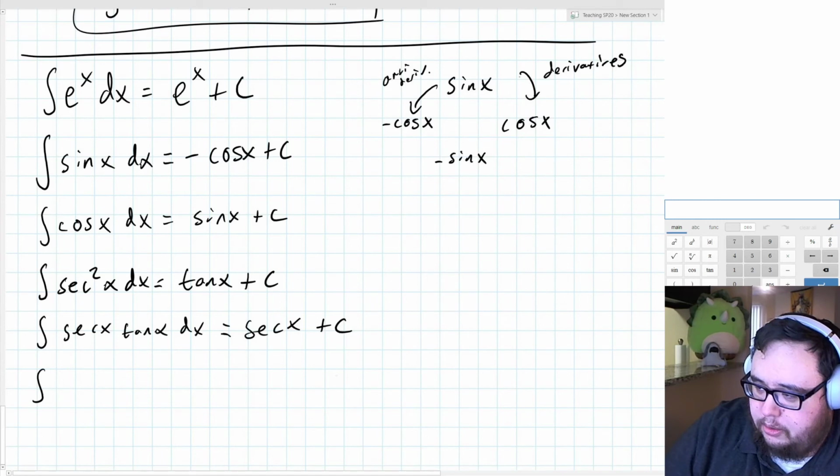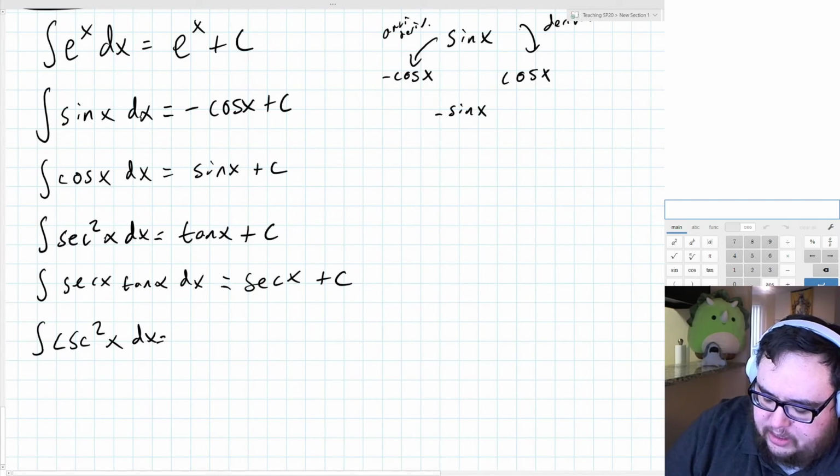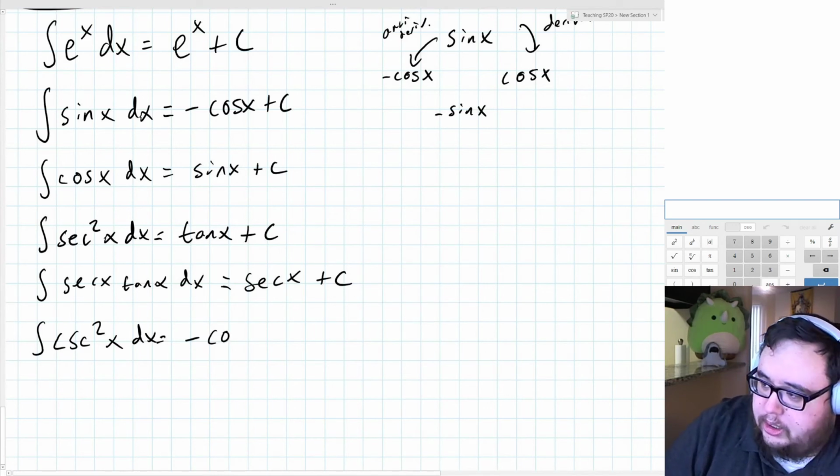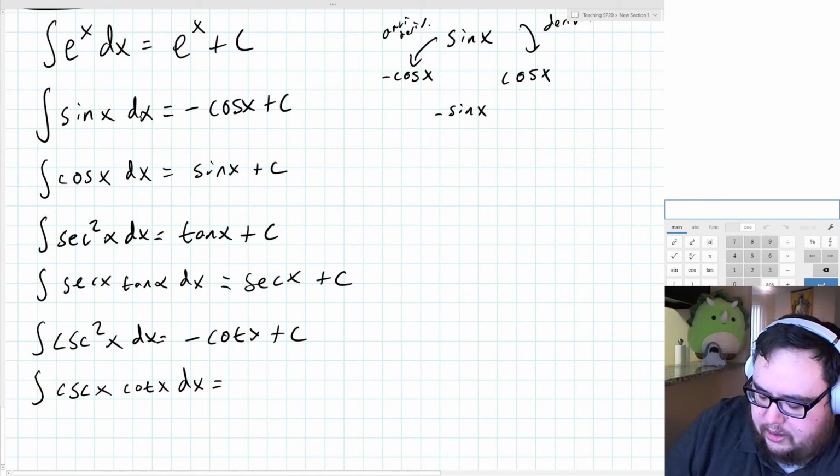The integral of cosecant squared of x dx is equal to negative cotangent x plus a constant, and the integral of cosecant x cotangent x dx is equal to negative cosecant x plus a constant.